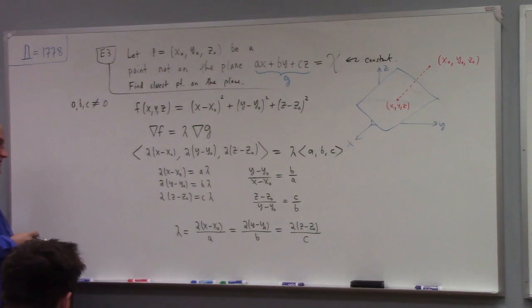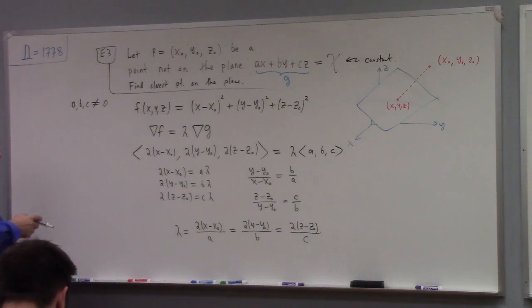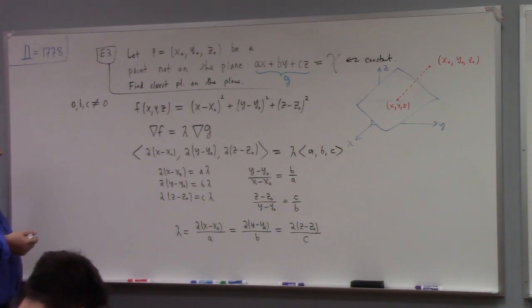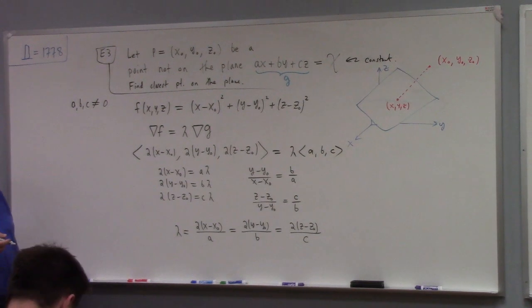So I have these equations. What else do I have? Yeah, I also know that ax plus by plus cz is equal to chi. I regret the chi. So then, I don't know.